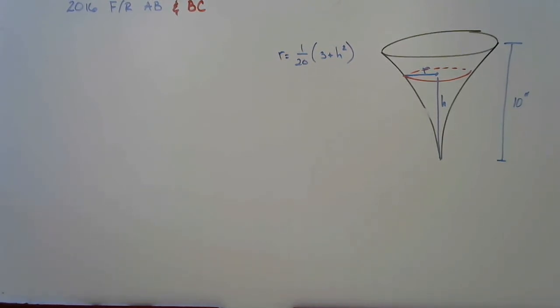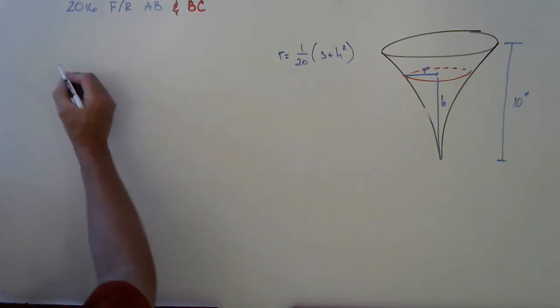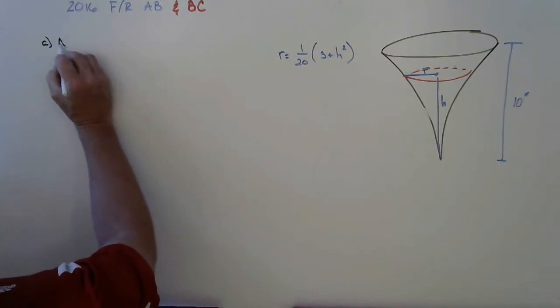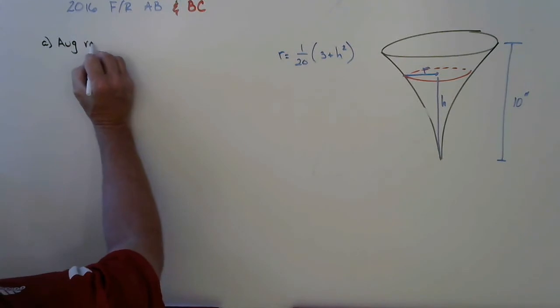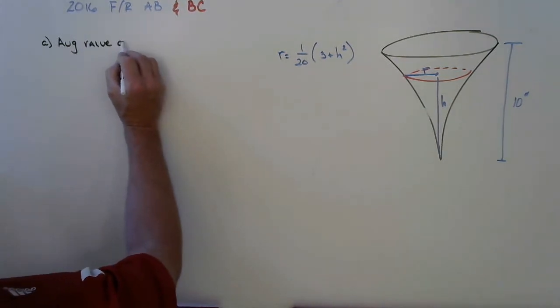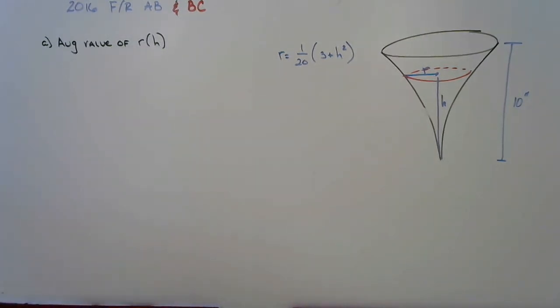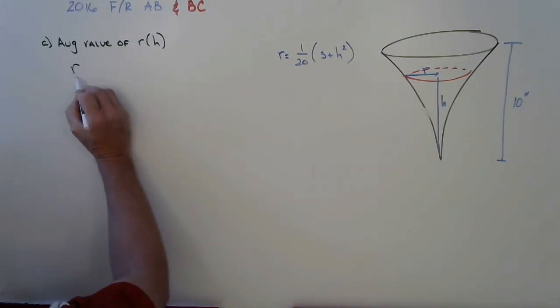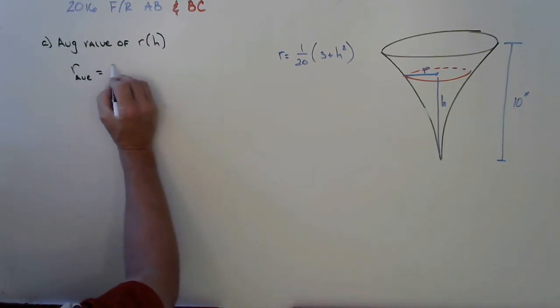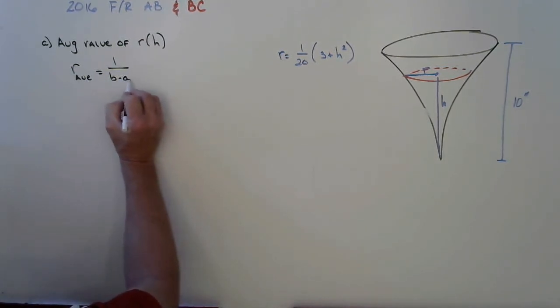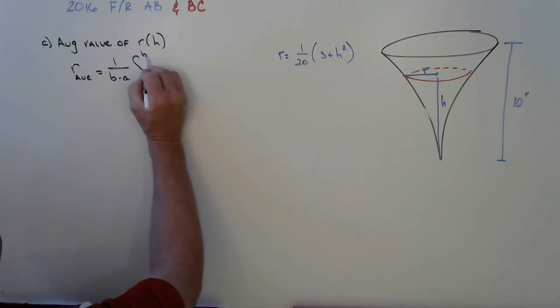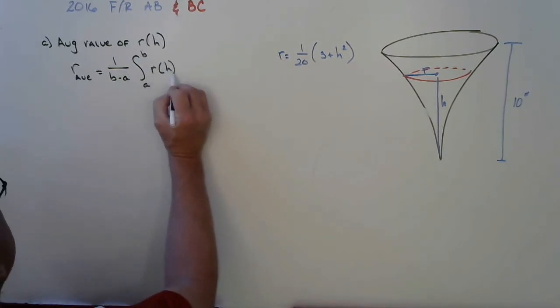Okay. Now, part A says find the average value of the radius of the funnel. In other words, in part A, they want us to find the average value of R of H. Now, we know how to find the average value of a function. The average value of a function is 1 over b minus a, the integral from a to b of R of H dH.